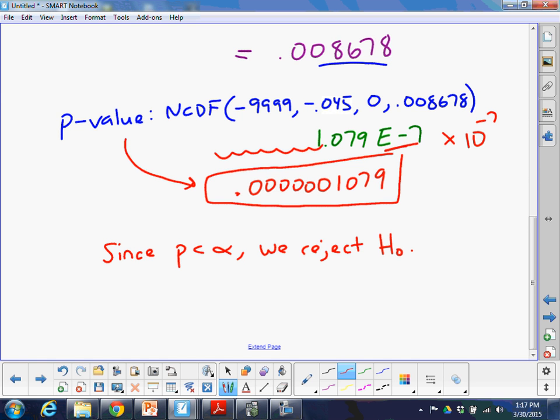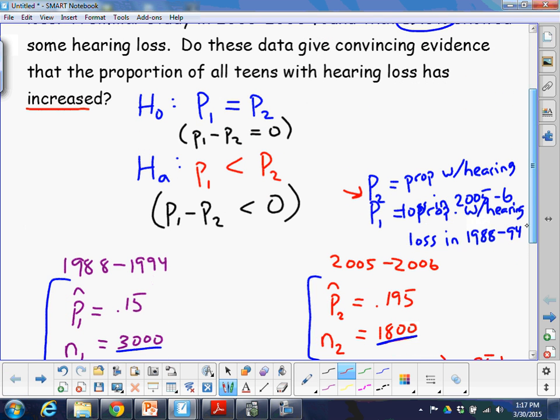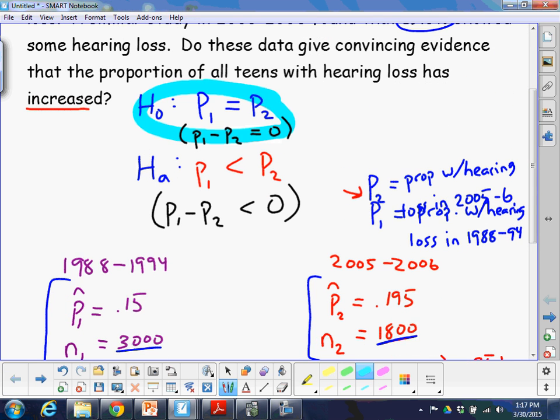So going back to our statements, what does that mean? We can get a conclusion using context here. If we reject H0, we actually believe we have evidence for HA. H0 is rejected, so there is evidence that the proportion has increased.